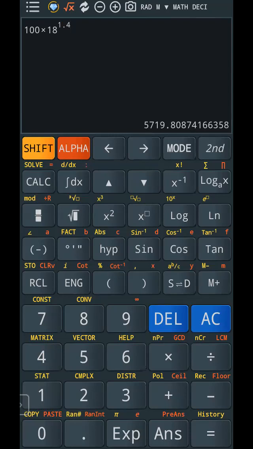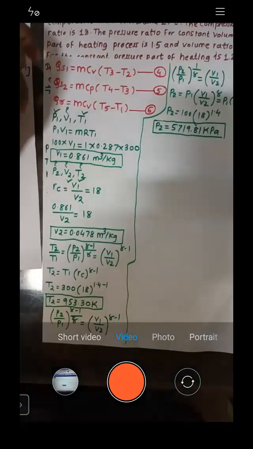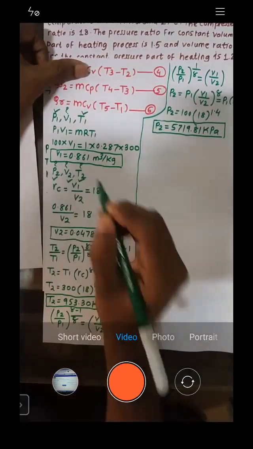So we got the value of P2. Now P2 is also known.